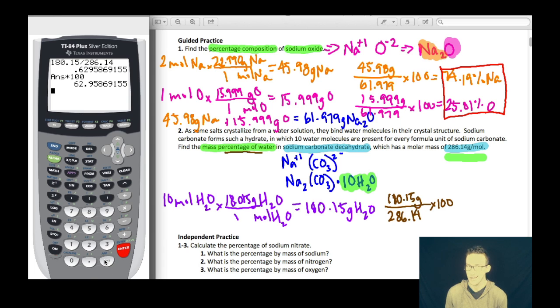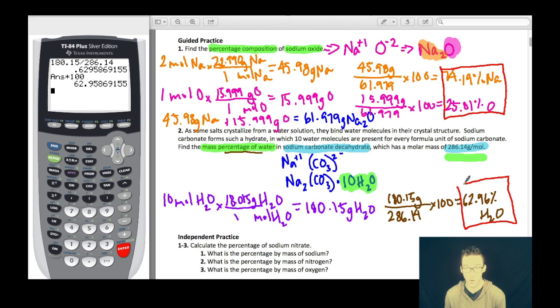Enter. 62.96% water. So with this hydrate, a lot of the mass is coming from the water that's trapped within the ionic crystal lattice of this ionic compound. And so that, in a nutshell, is percent composition and percent composition problems.